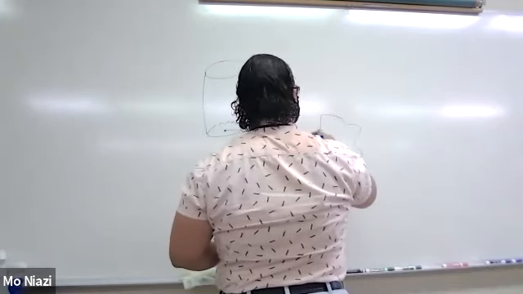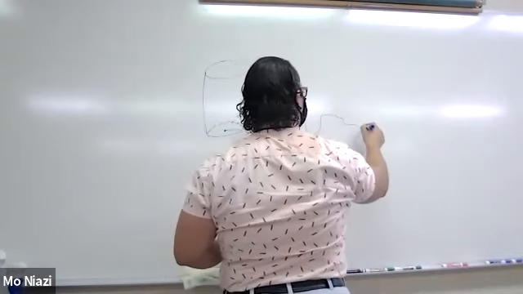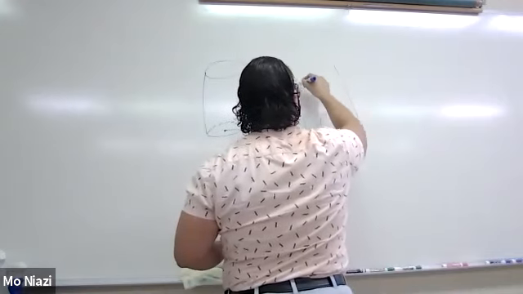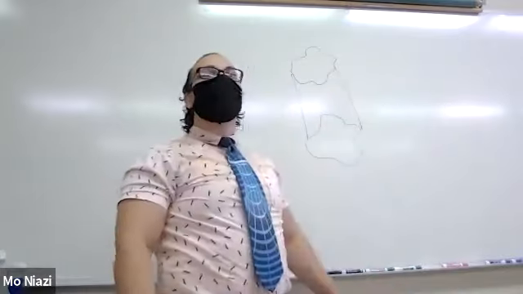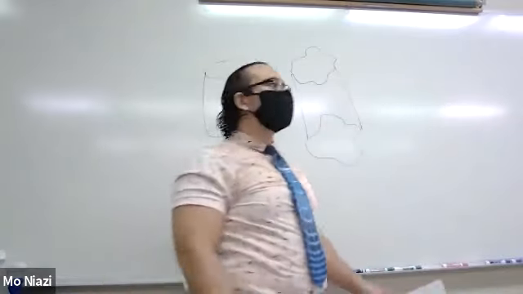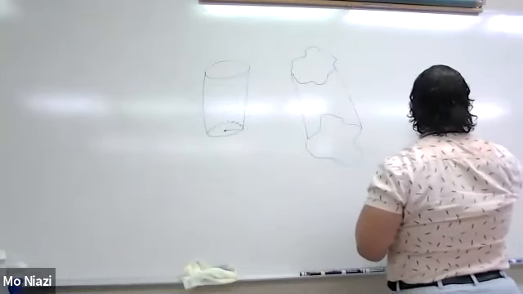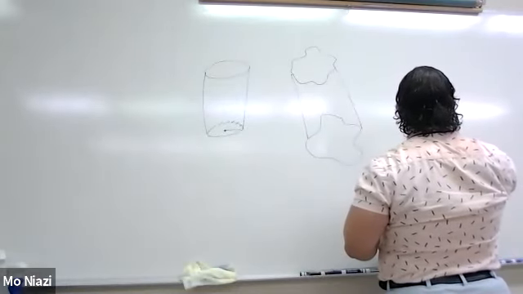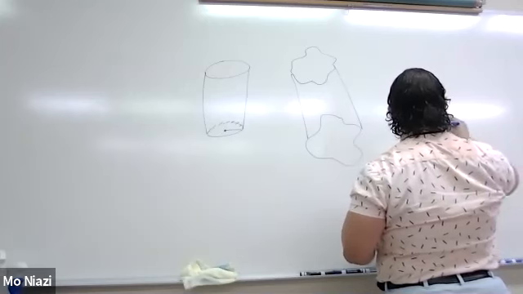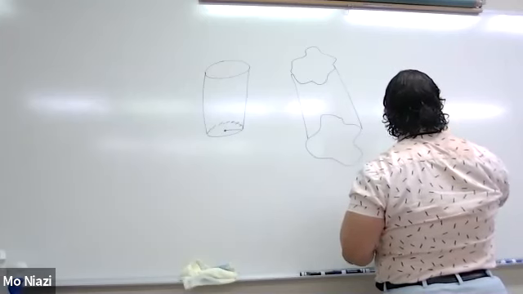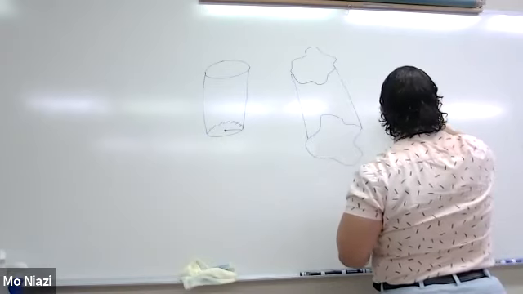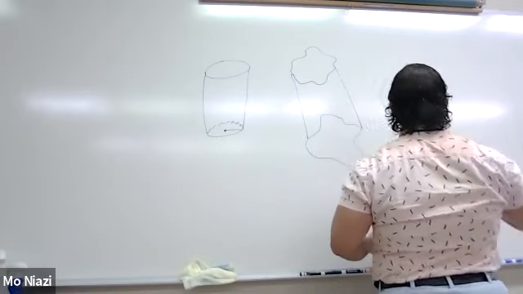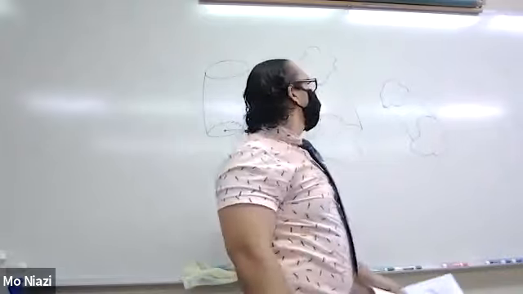Okay? So notice that this would also make a cylinder. It's also a cylinder. I can't make straight lines or else we'd make a prism, but this is also a cylinder, as long as the bases are the same and I try to draw them the same. These are all cylinders.